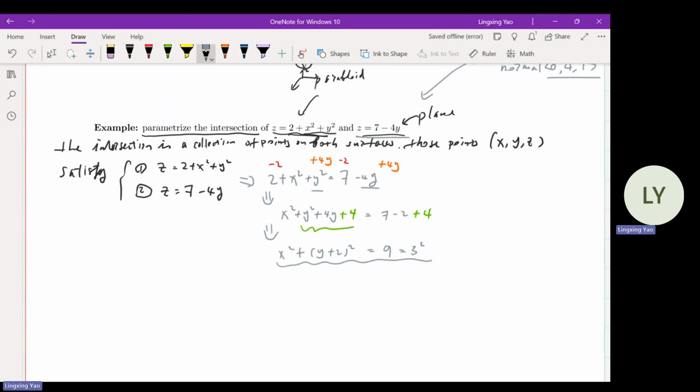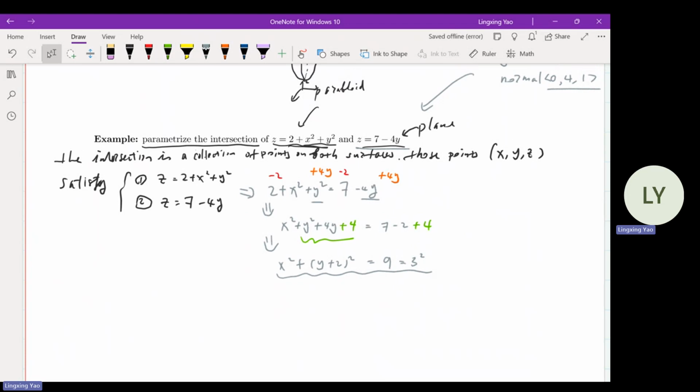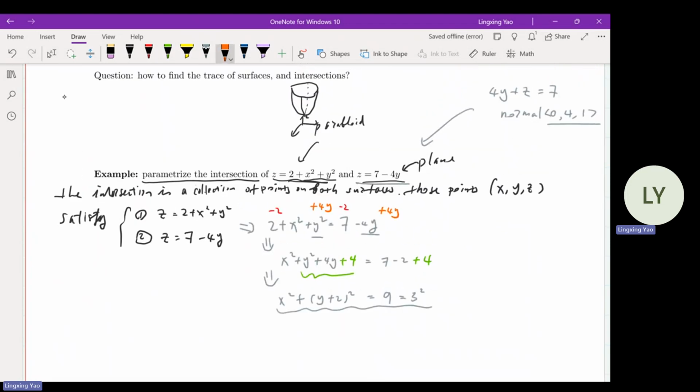The idea is that we have to use the so-called trig identity. I don't know if you guys remember, but what is sine squared t plus cosine squared t? This is the trig identity we have to remember. It's constant one, right?